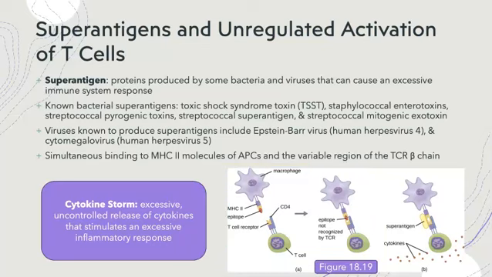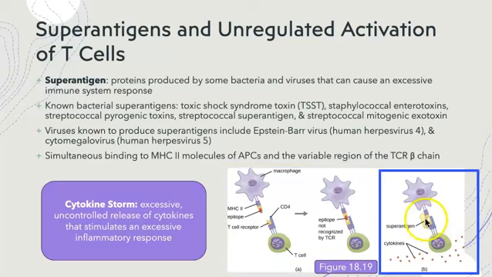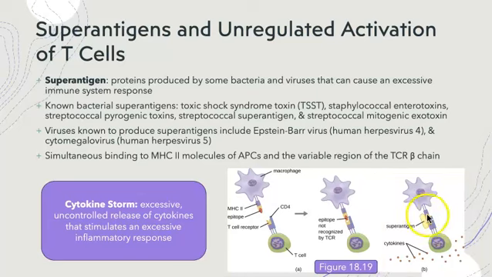And then over here, we can see that there is a superantigen that is attaching to the outside here that is able to bridge and cause this binding between the MHC molecule and the T cell receptor that then causes an excessive release of these cytokines and activates other T cells for excessive inflammation to take place.